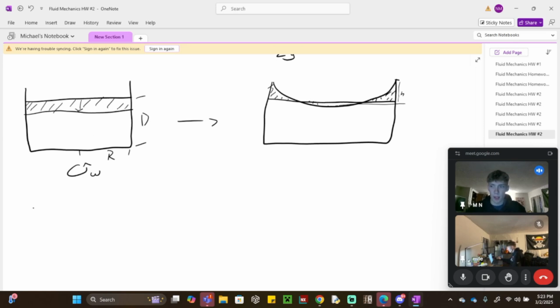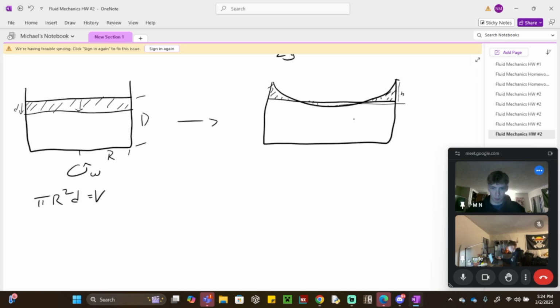So the volume before it was spun, we know, because it is the surface area, which is circular, so pi r squared, times, we'll call this small d for depth. So that's the volume of the fluid before it's spun. And we know that this is equal to it. So how are we going to find the volume of this fluid when it's spun?